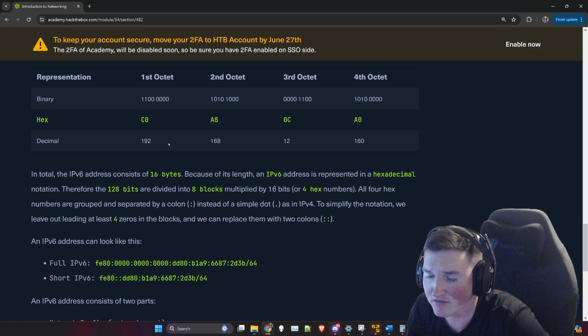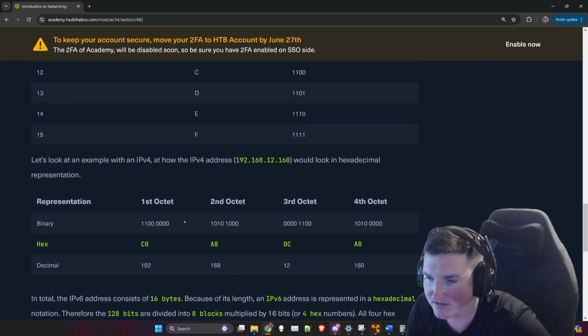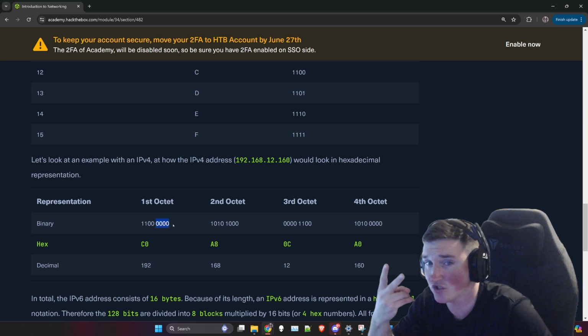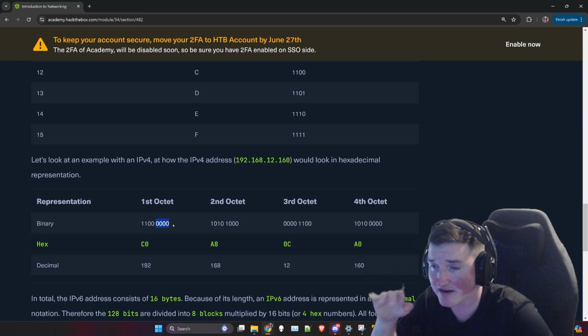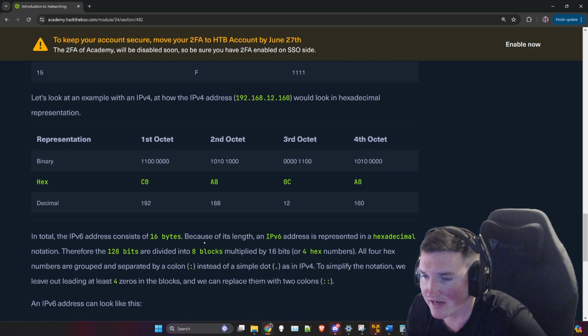So C0. Now you might say, where'd you get the C? Well, look at C. 1100, 11 for 192.0.0. Okay. And then hex is broken down into 2 4 bits instead of 8. So C0. There you go. 192. And they just do it that way.